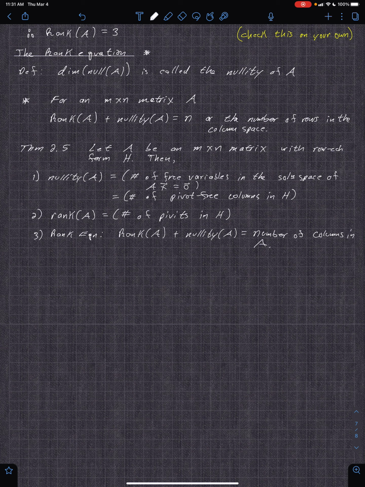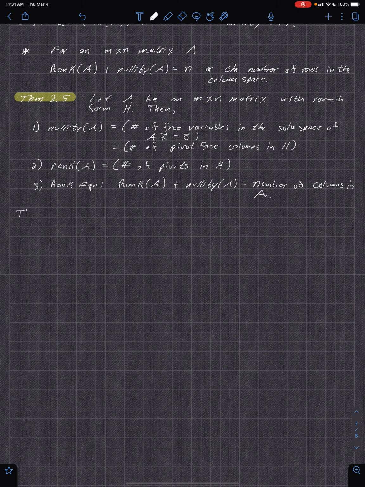One of the results of all this gives us theorem 2.6. What if you have an invertible matrix? Theorem 2.6 says an n by n, so a square matrix, A is invertible if and only if, well, what would the rank have to be?